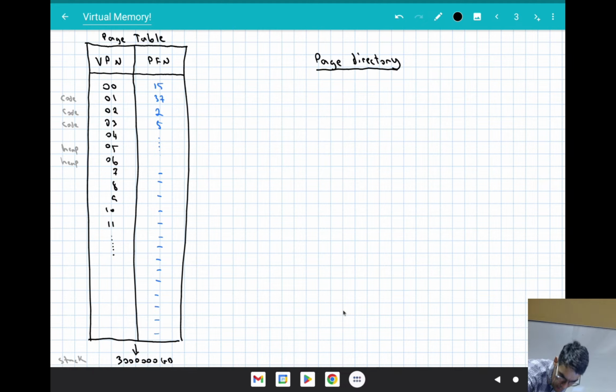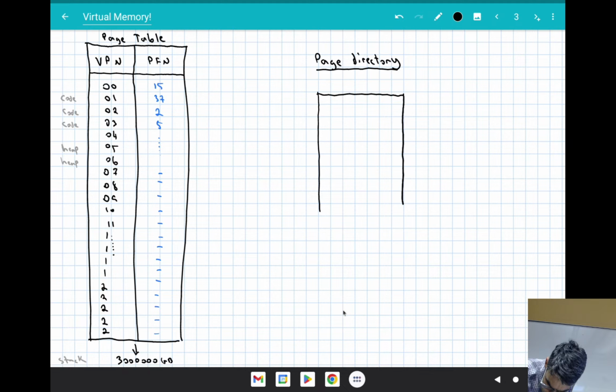I'm going to simplify this, and I'm going to say that we're going to take the first digit of this number, and that's how we're going to partition this page table itself. So my page directory is going to consist of a mapping of a VPN prefix.